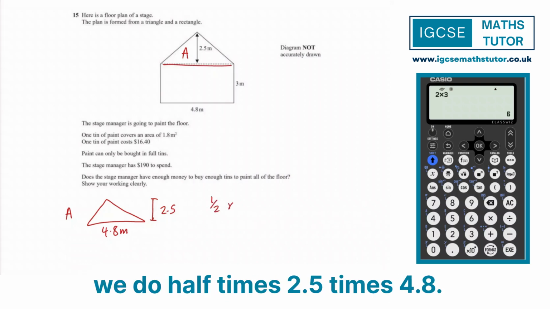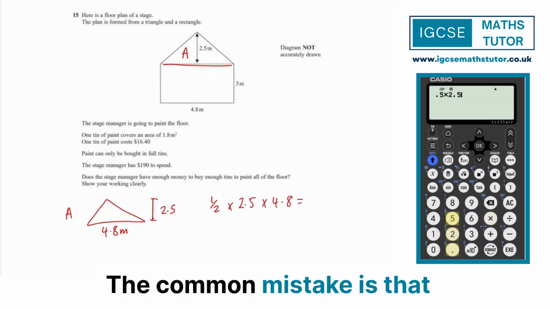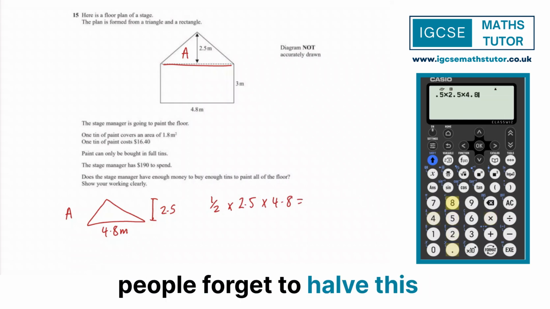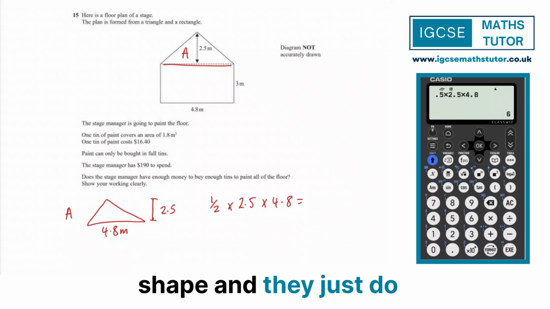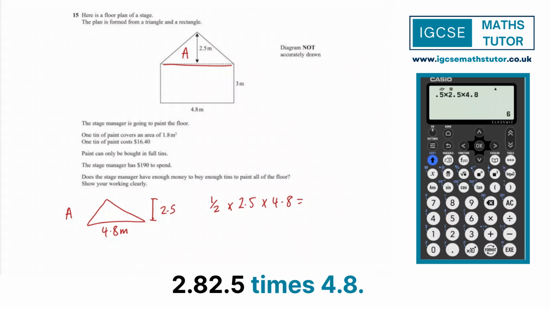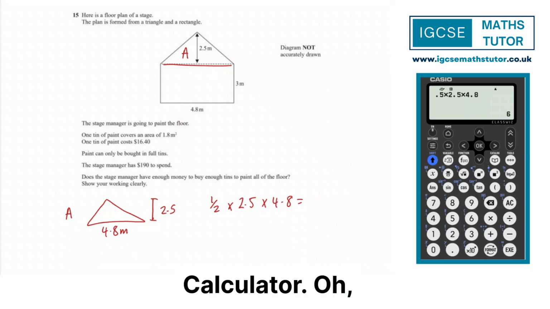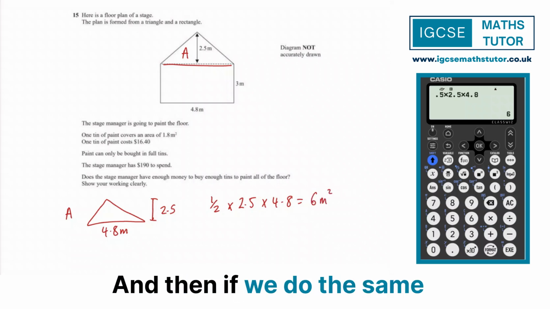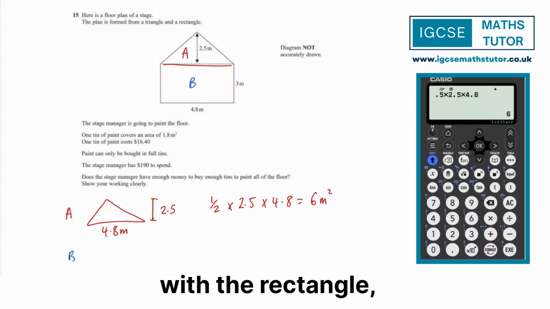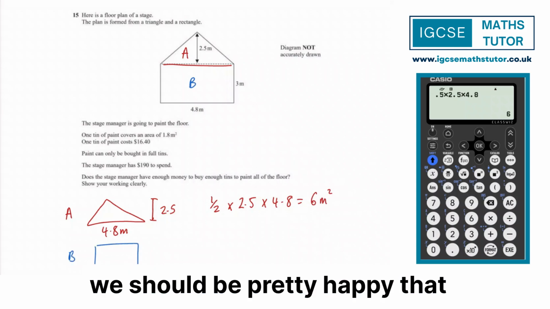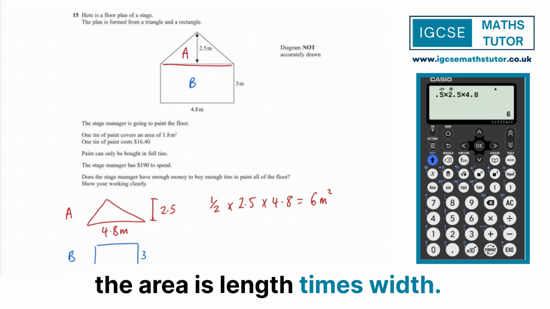So to get that area, we do half times 2.5 times 4.8. The common mistake is that people forget to halve this shape, and they just do 2.5 times 4.8. And let me just type this out on my calculator. Oh, 6 meters squared. So that feels like the right answer. And then if we do the same with the rectangle, we should be pretty happy that the area is length times width.